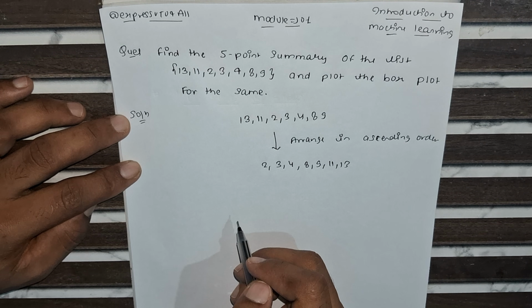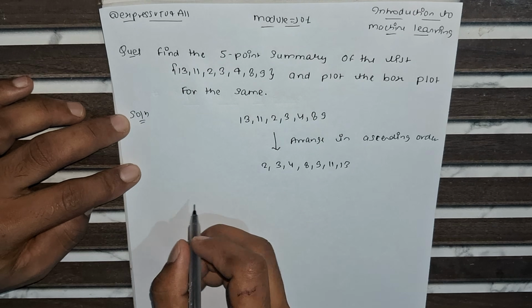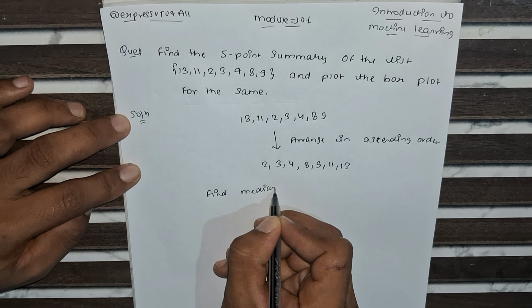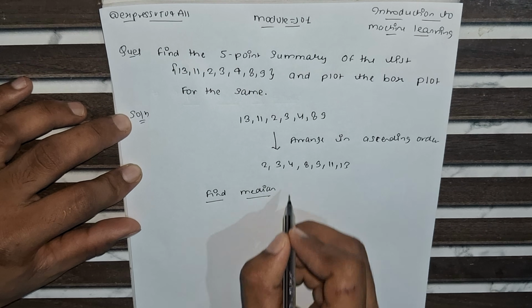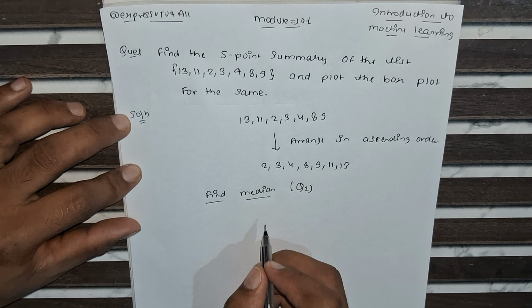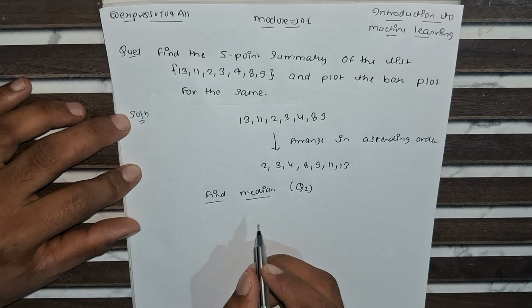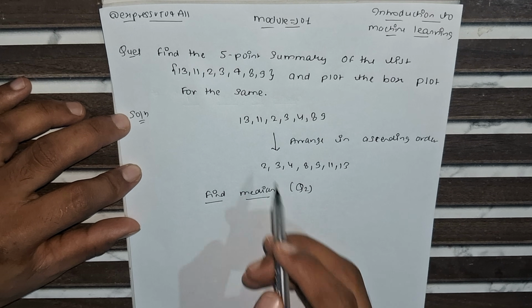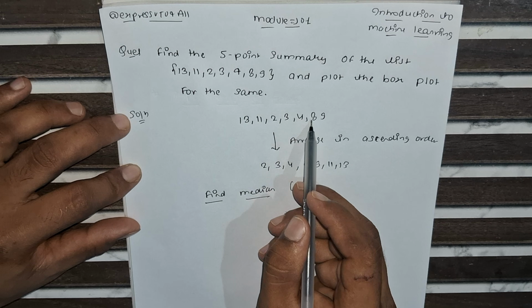Now what is our next step? We have to find the median, which is nothing but Q2. So what is the value of n here, meaning the number of elements in this list, which is 1, 2, 3, 4, 5, 6, 7.